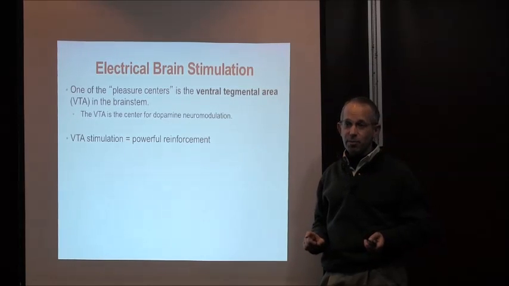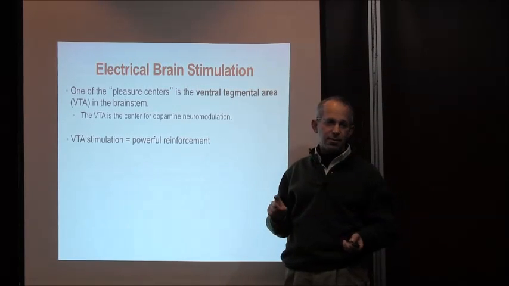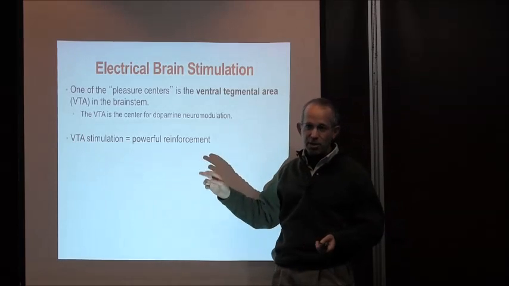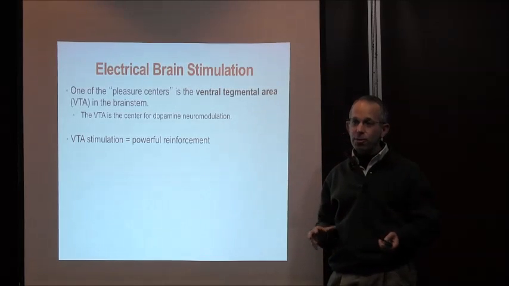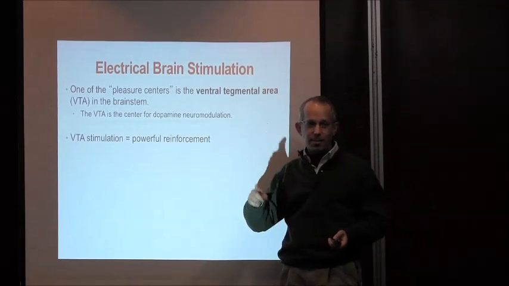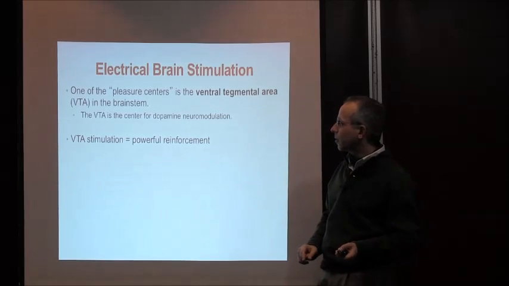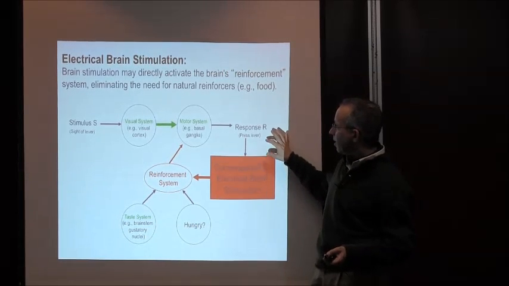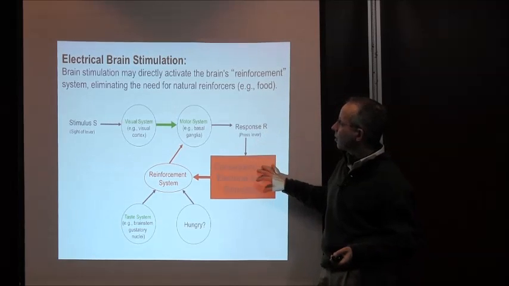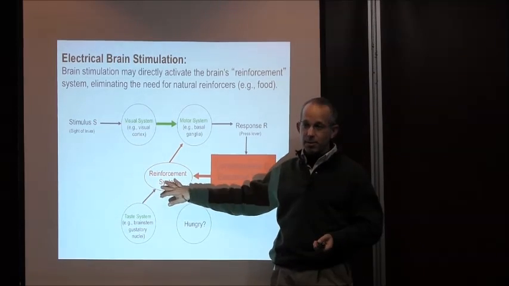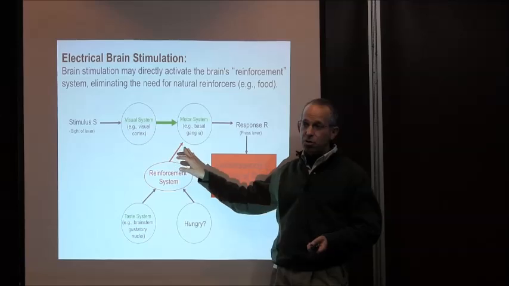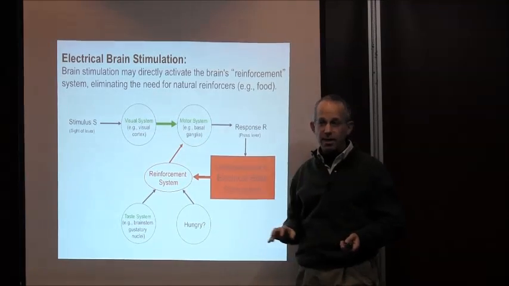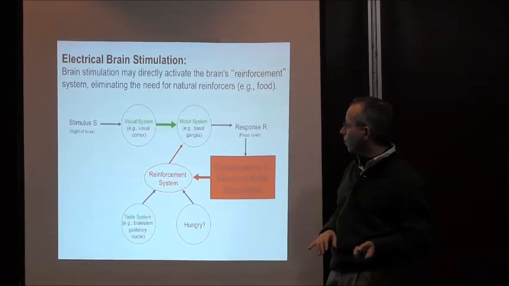Rats, if given a choice between pressing a button that gives them VTA stimulation versus eating food, will starve themselves to death so they can keep getting more of that stimulation. So the idea here is that if you have electrical brain stimulation, you can directly activate the reinforcement system and have someone do a habit over and over and over again to the point where it's out of their control.